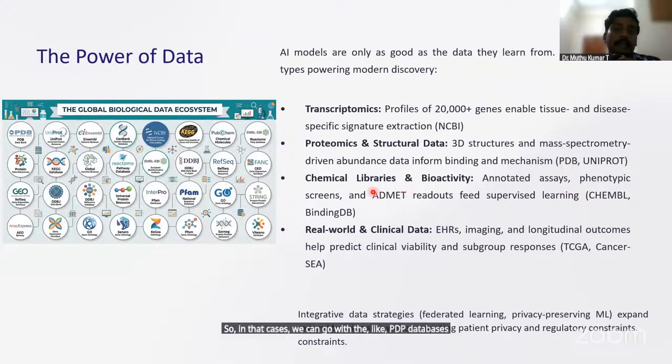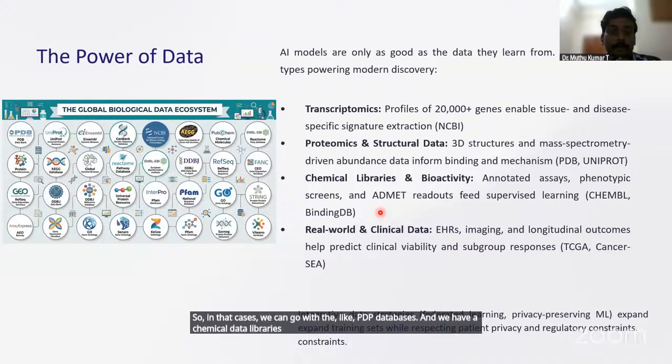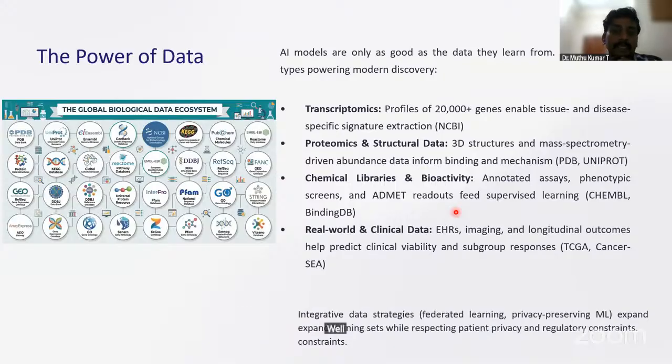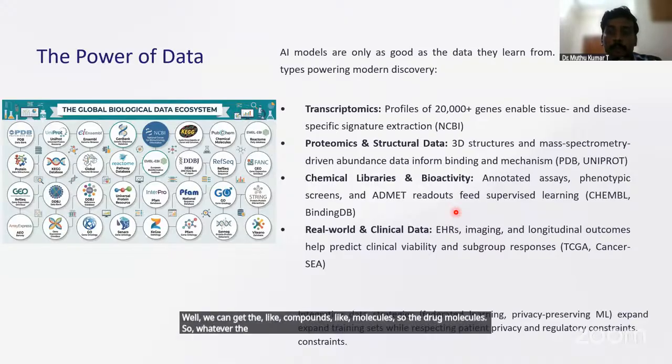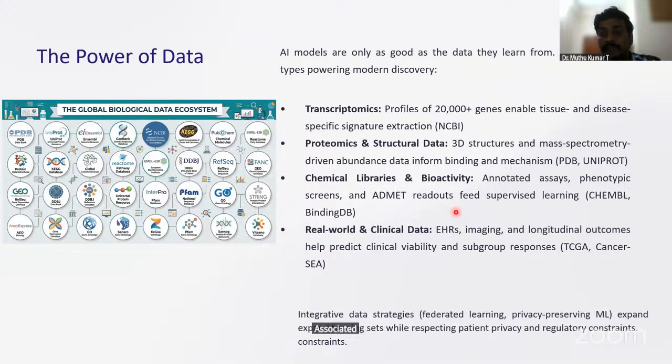And we have chemical data libraries as well. For example, ChEMBL, BindingDB, and PubChem, where we can get compounds and molecules. So the drug molecules, whether approved, investigational, or tested in the laboratory. All kinds of chemicals are associated with their bioactivity.